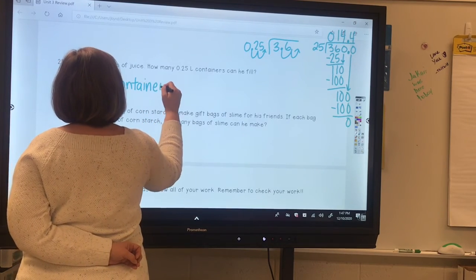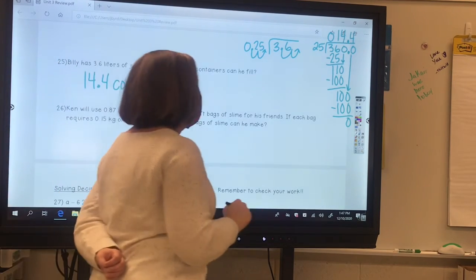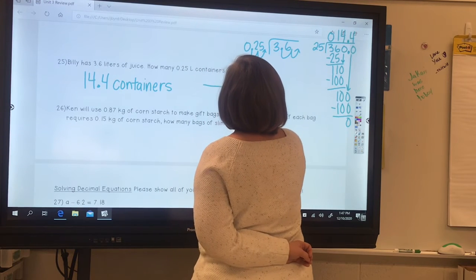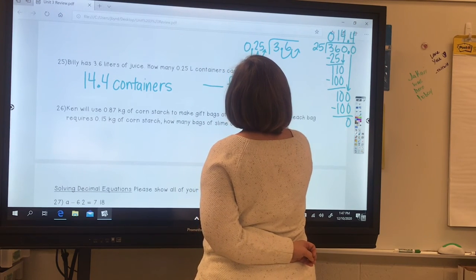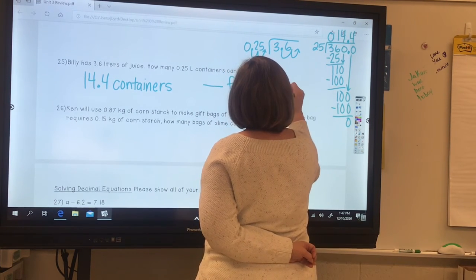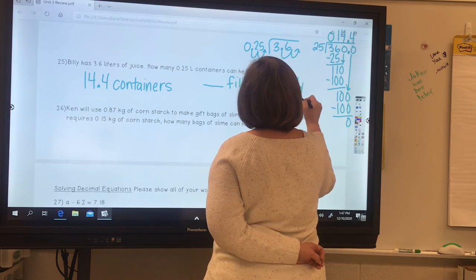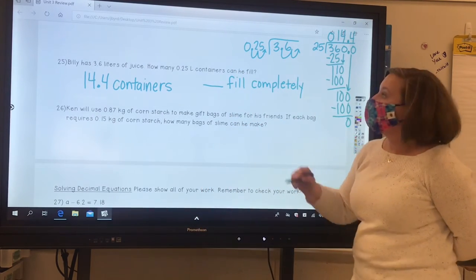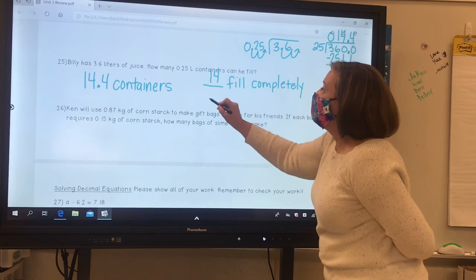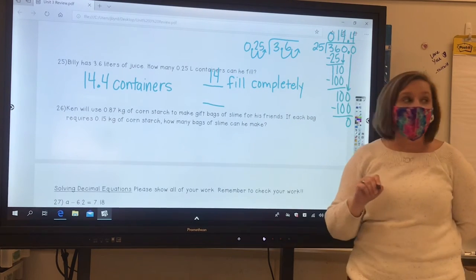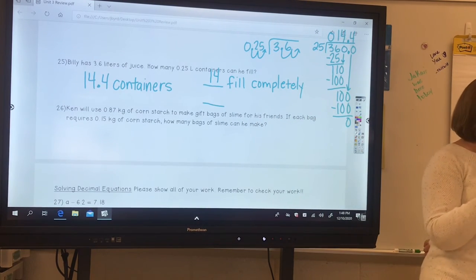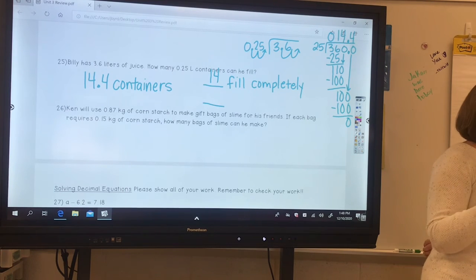Yes. All right, now I have a trick question. How many containers can he fill completely? 14. 14 completely. If he wanted to use all of the liquid, how many total containers would he need?